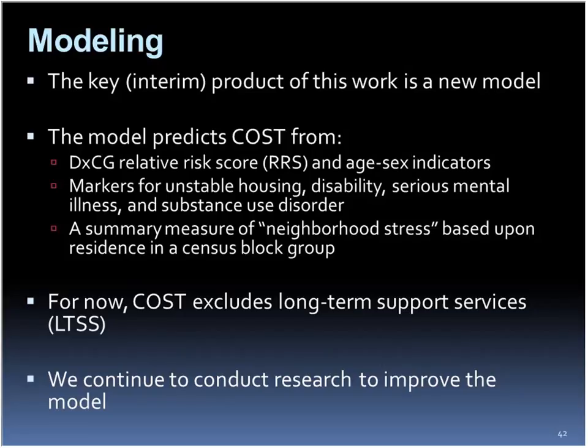I think it's very important for people to understand that the goal of our research is to produce a relative risk score, an RRS, that is based on all the data that we can aggregate about a person's risk factors for being expensive within the Medicaid healthcare system.